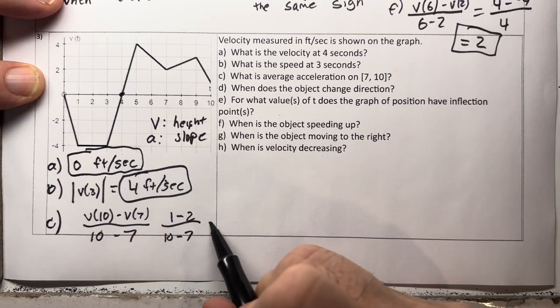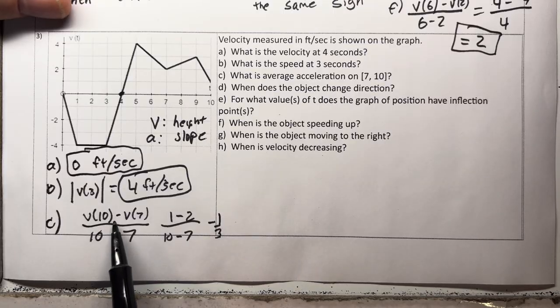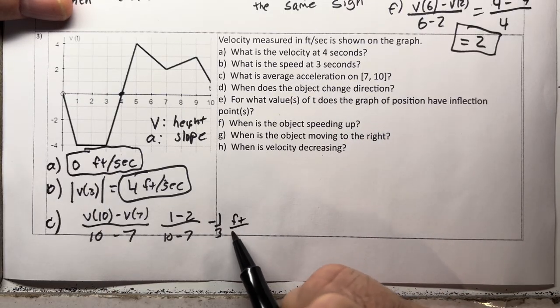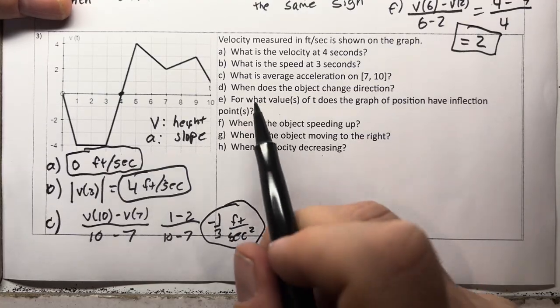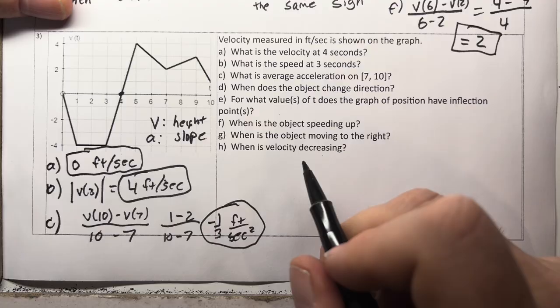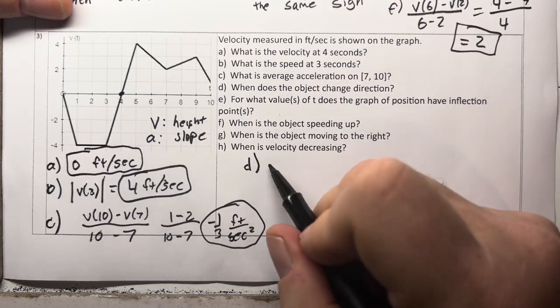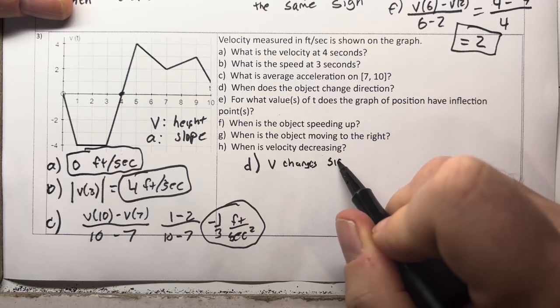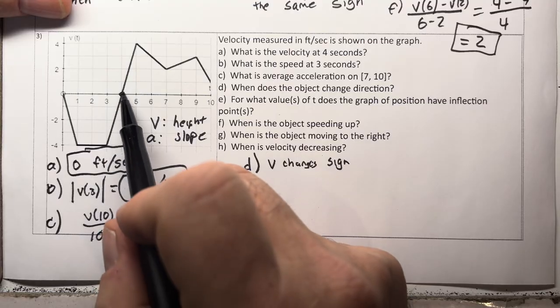So that looks like it's going to be negative 1/3. And units: we don't want velocity units, we want average acceleration units, so feet per second squared. D, when does the object change direction? That's when velocity changes sign. We are communicating our process here. Velocity changes sign at 4.